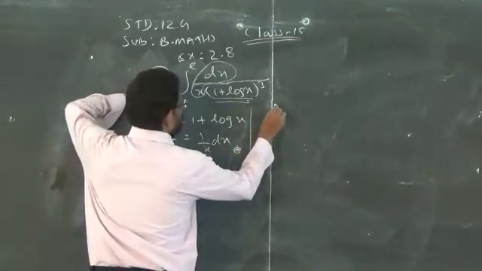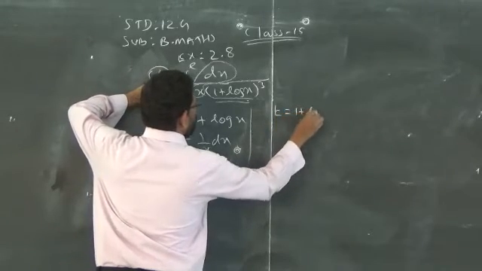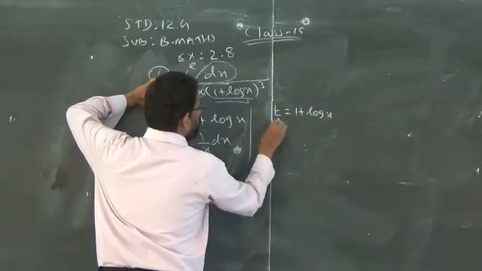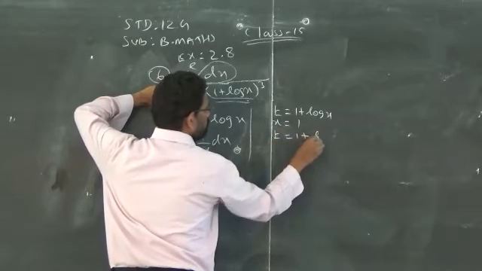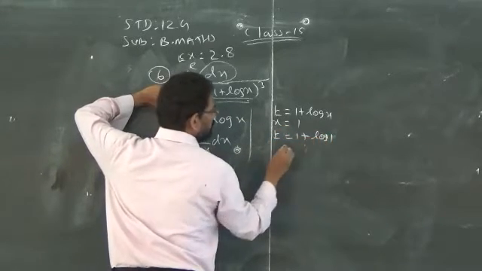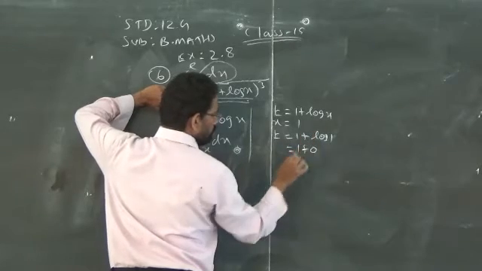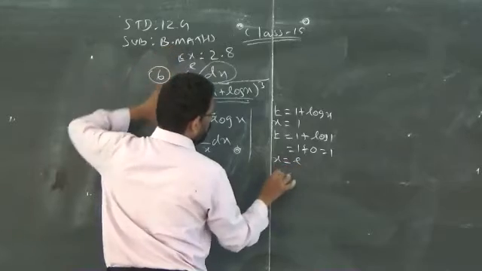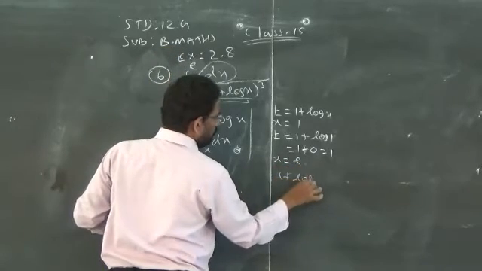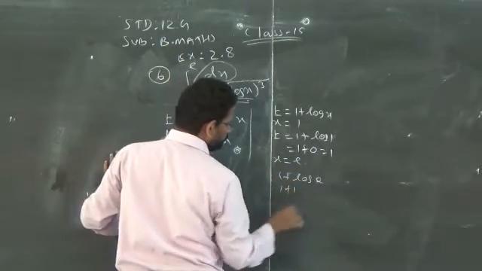What is t? We consider t is equal to 1 plus log x. Lower limit is x equal to 1. So t is equal to 1 plus log 1. Log 1 is nothing but 0, because log 1 is 0. So the answer is 1. Then you have to replace x by e. 1 plus log e. Log e is how much?